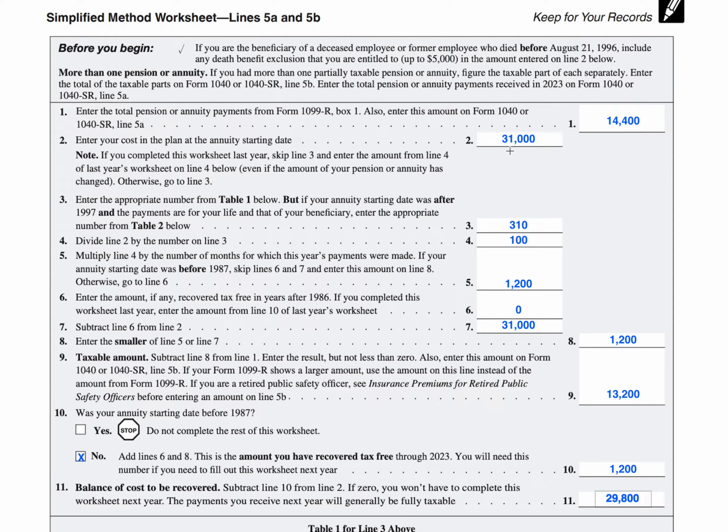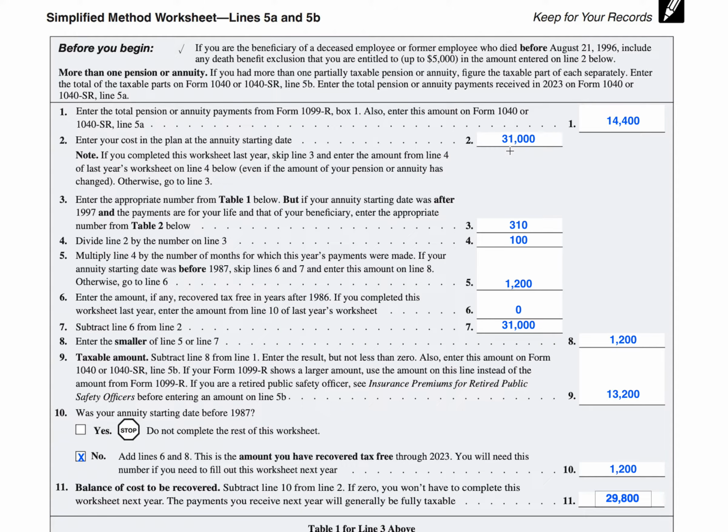If you had more than one partially taxable pension or annuity, then you would figure the taxable part of each one separately. Then you would enter the total of all taxable parts on Form 1040 or 1040 SR, line 5B. You would enter the total pension or annuity payments received in the tax year on line 5A of your Form 1040.